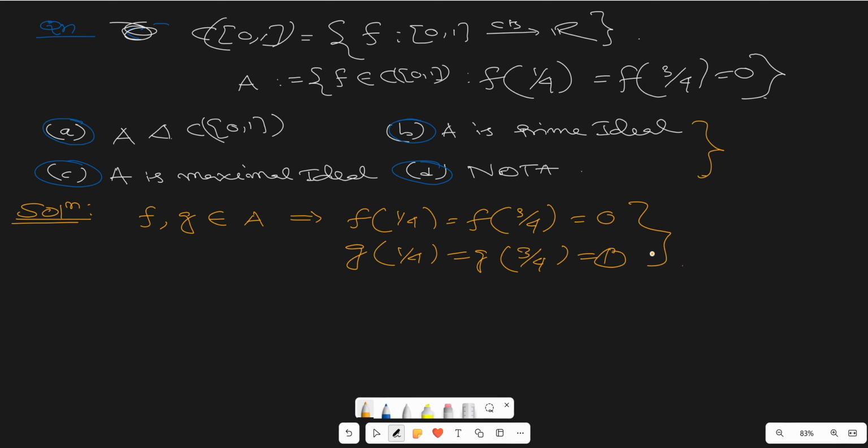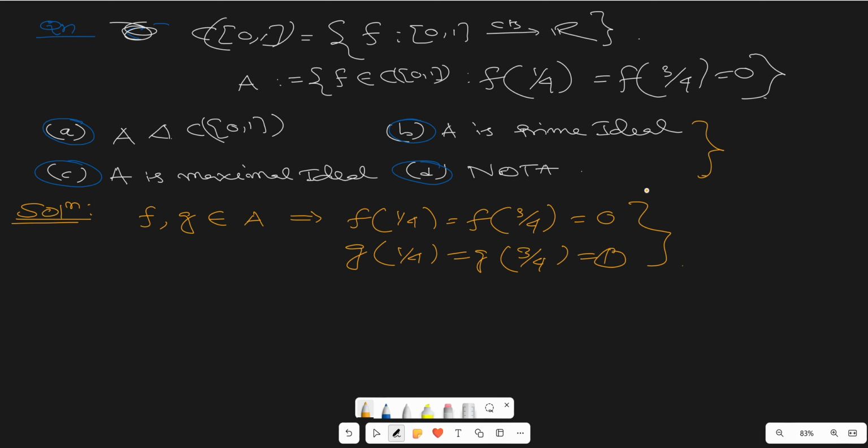These two conditions you have initially. So you have to check whether (f minus g) at 1/4 is 0 and (f minus g) at 3/4 is 0 or not, initially, for the ideal.